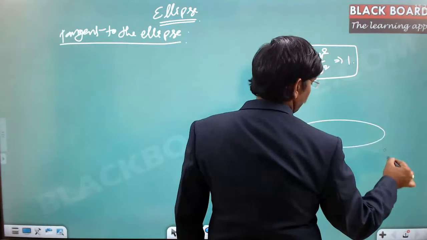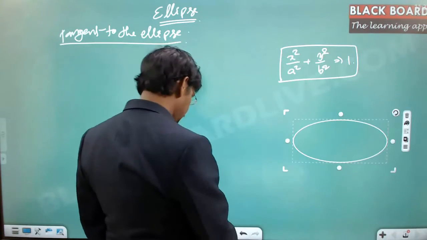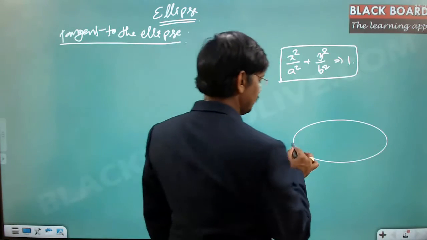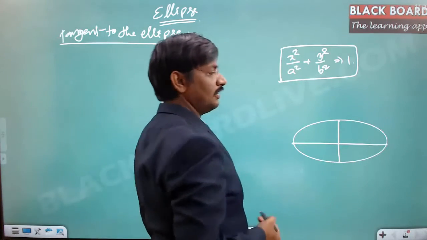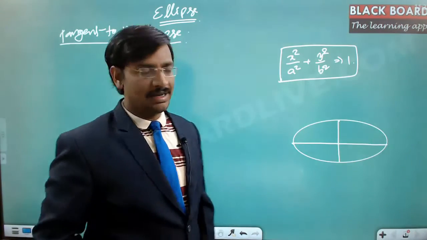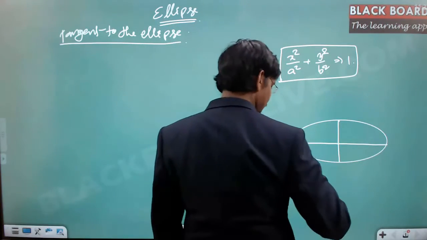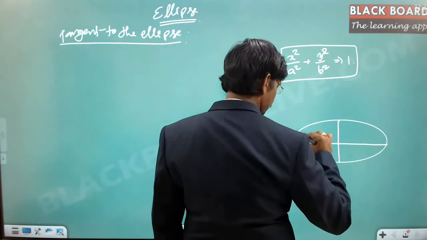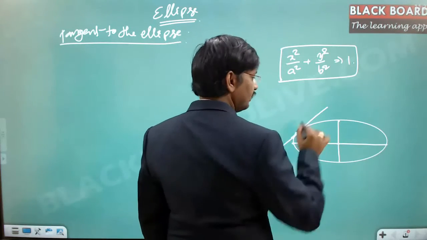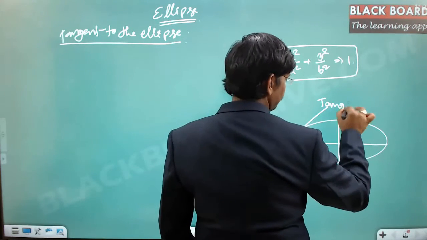Suppose this is the ellipse, with its major axis like this and its minor axis like this. If there is a straight line like this, and this straight line is a tangent to this ellipse at this particular point, this is the tangent.